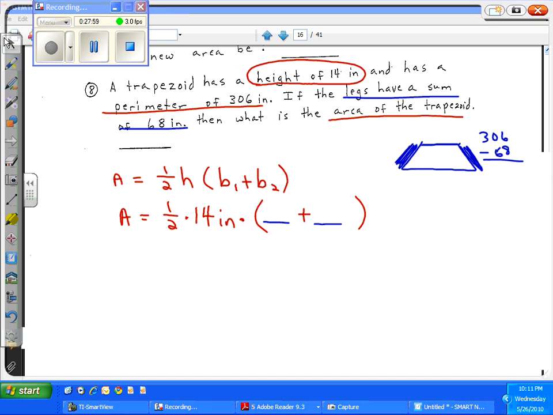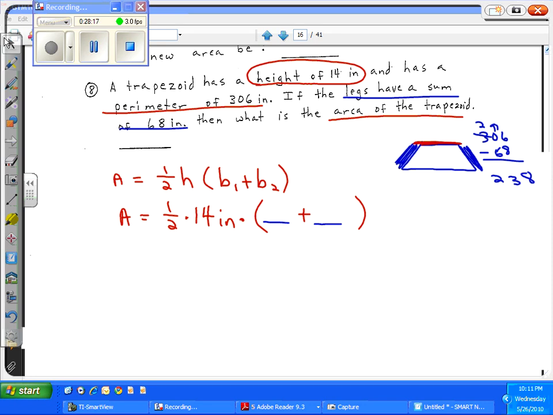So the two legs add up to 68. If the whole perimeter is 306, we could subtract and get 238.